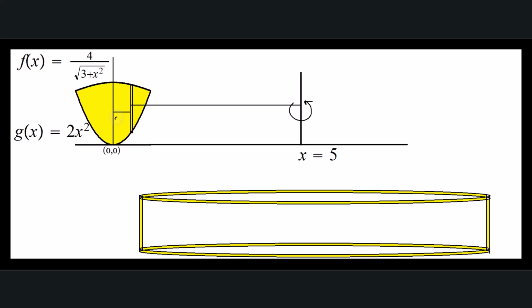So let this be x, and the line is x equals 5, right? So the radius of the shell is going to be simply 5 minus x.